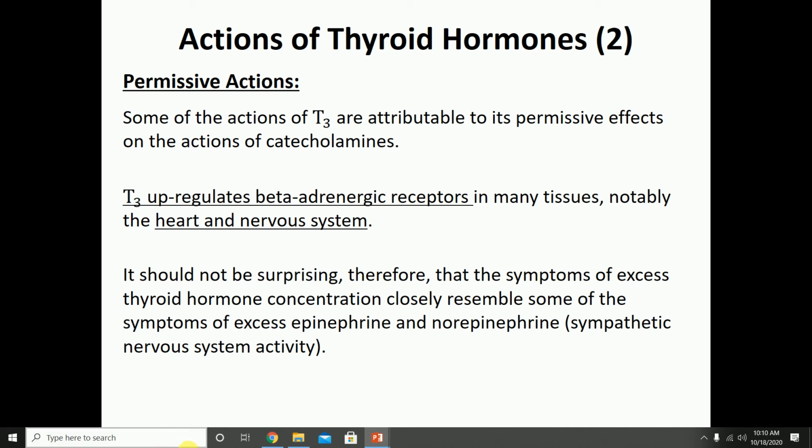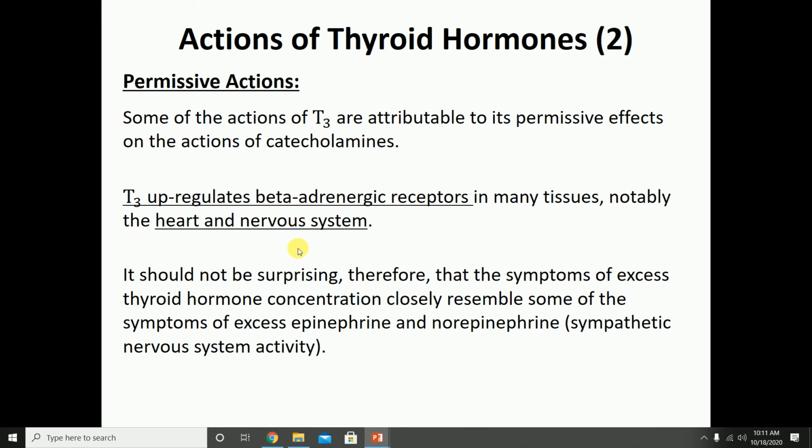It's mediated because T3 is going to upregulate the adrenergic receptors in many tissues. Now that we have an upregulation of those adrenergic receptors, especially on the heart and on the nervous system, epinephrine will be able to perform its function even better because it has more receptors to attach to.